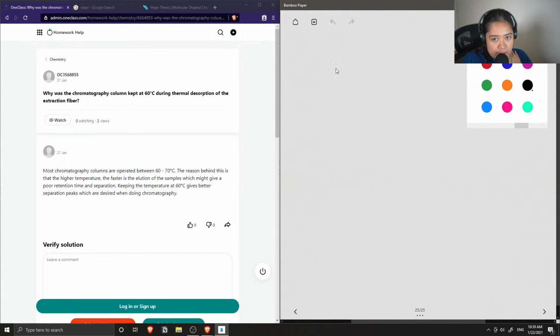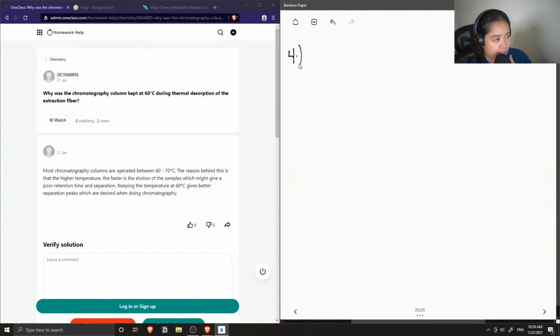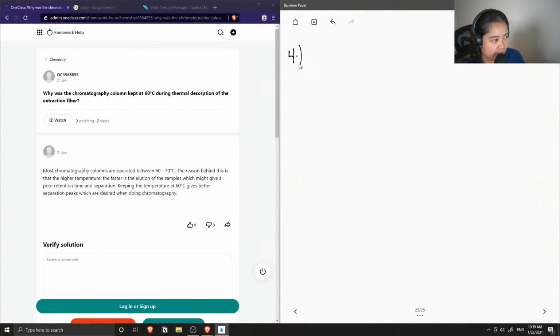Okay, so question number 4. Why was the chromatography column kept at 60 degrees during thermal desorption of the extraction fiber? So it sounds like somebody did a lab and they needed to desorb a certain analyte from the fiber, or from the chromatography column.